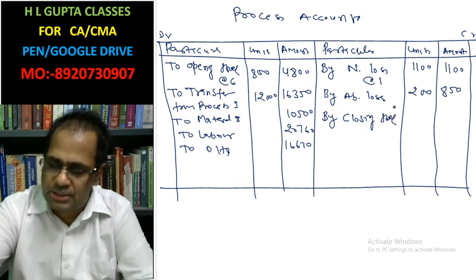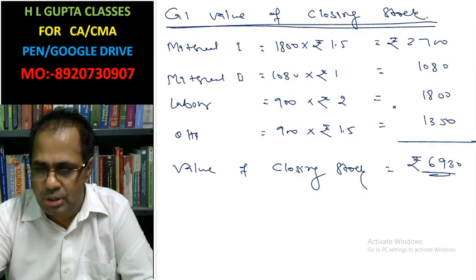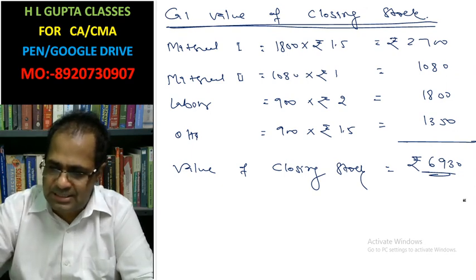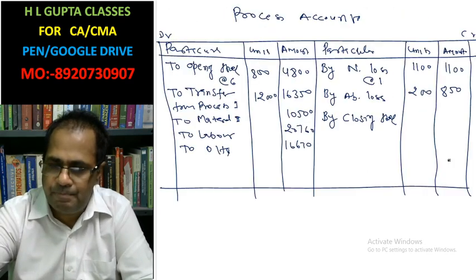what is the closing stock you have? Closing stock 1800, and that is the value, it's 6930.